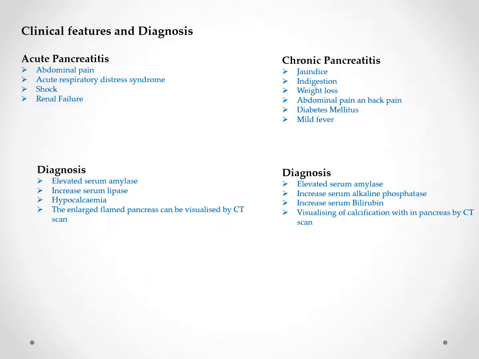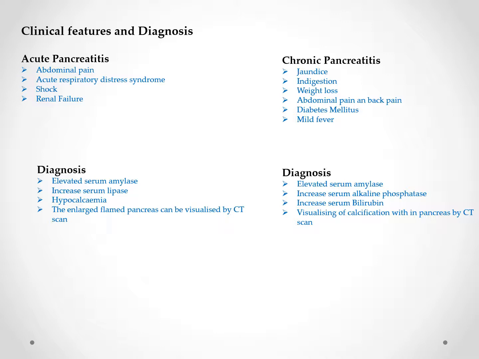Now, the clinical features and diagnosis of the disease. In acute pancreatitis, the patient most commonly comes with abdominal pain. The abdominal pain may be mild or very severe and mimic other conditions of the acute abdomen, so it should be differentiated from ruptured cholecystitis and peptic ulcer perforation.